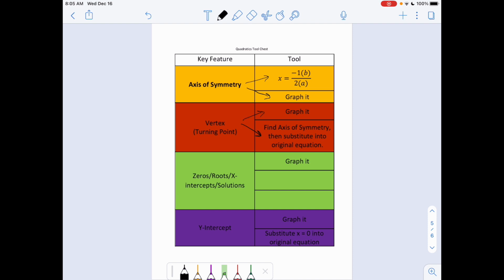To find the zeros, roots, x-intercepts, or solutions, you can graph it. We'll learn the 2 other methods as we progress throughout the unit. And to find the y-intercept, you can graph it or substitute x equals 0 into the original equation.